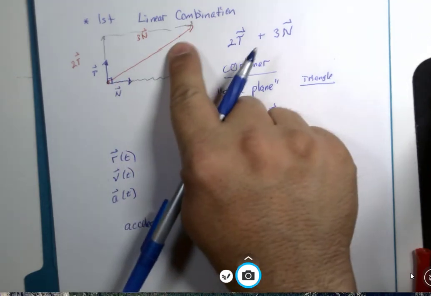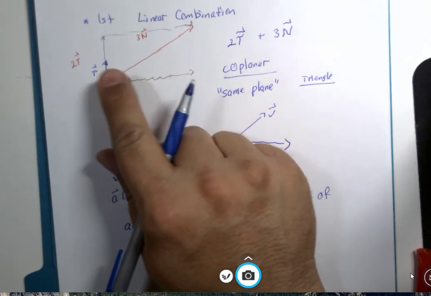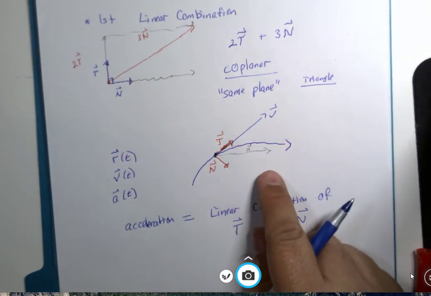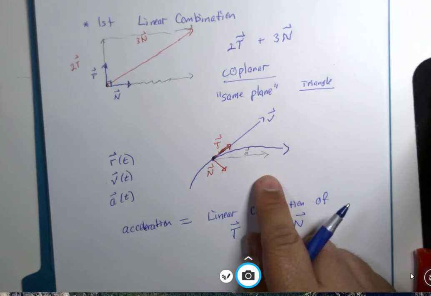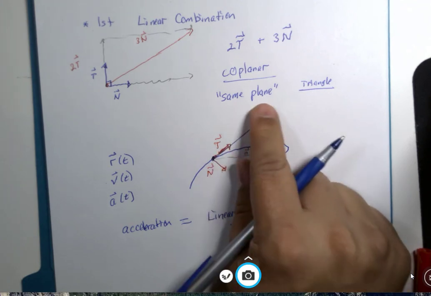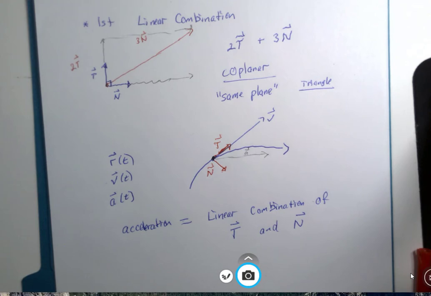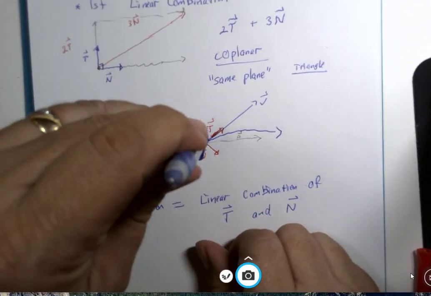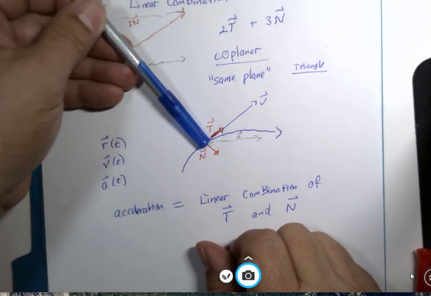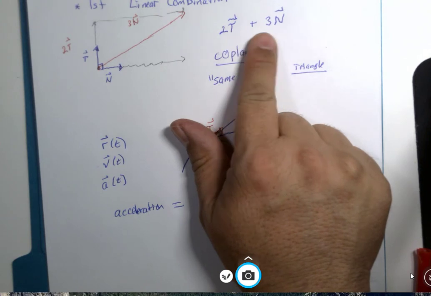That this vector I was drawing here, which happens to be a linear combination of these two vectors, that acceleration fits that description. The big deal is that means the normal vector will be on the same plane as velocity and acceleration. That's how we'll know which vector normal to the curve it is. It's not one that's perpendicular to the paper or sticking out like this or sticking even this direction. It's one that you can write as a combination of the two.